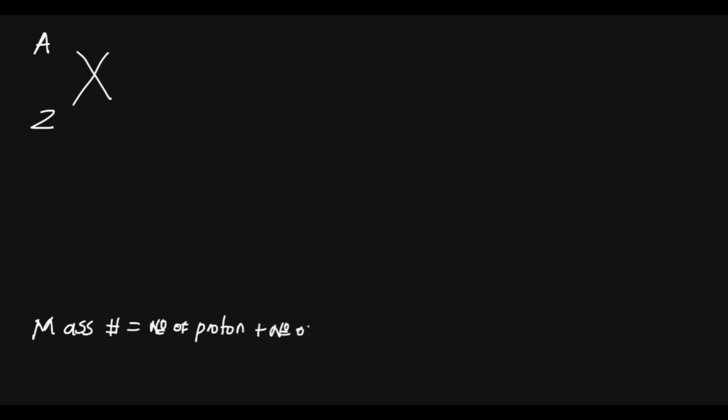So what this means is, for instance, we have element X with a mass number of A and atomic number of Z. Remember the mass number is just the total number of protons and neutrons found in the nucleus of an atom. So here we have the number of protons plus the number of neutrons. So this is the mass number.